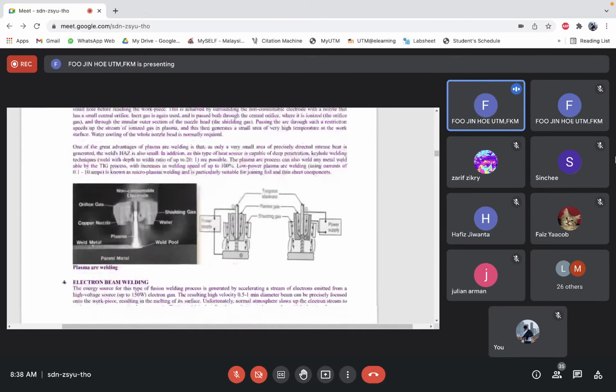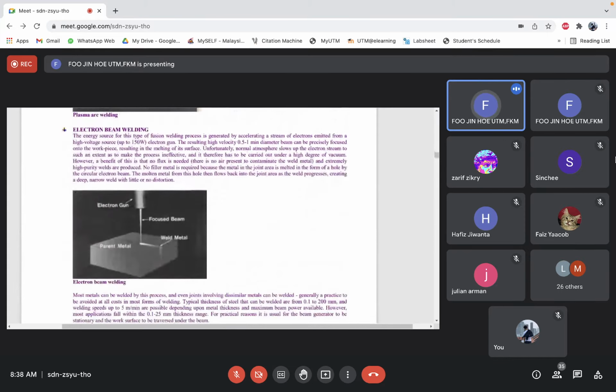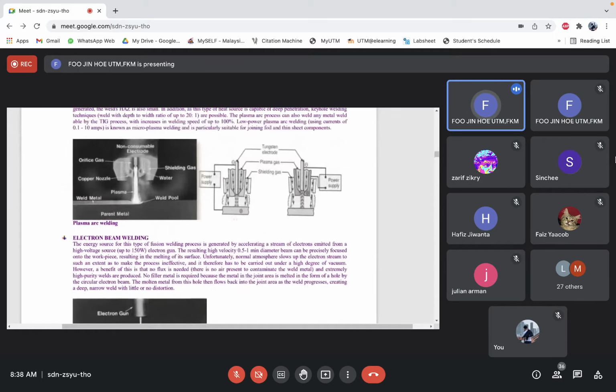All right. Another one is electron beam. You have this electron gun, which acts as your electrode, and it shoots out energy in a more focused beam. So you can see that this plasma is wider, and the affected zone is bigger.